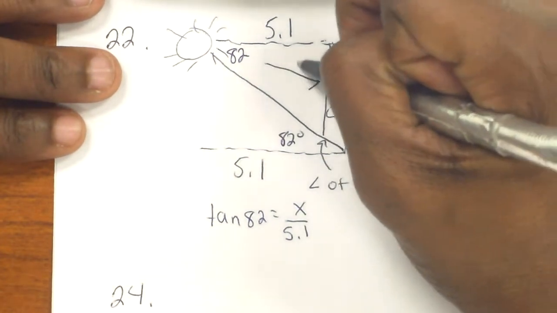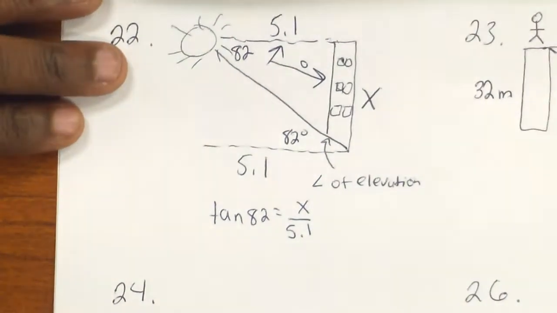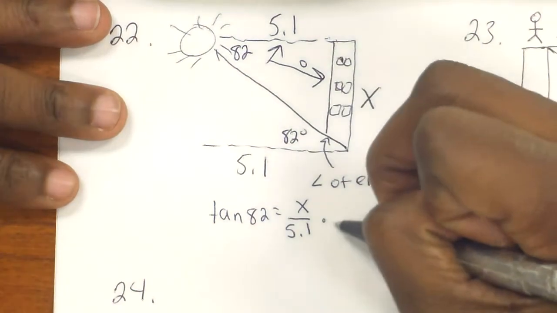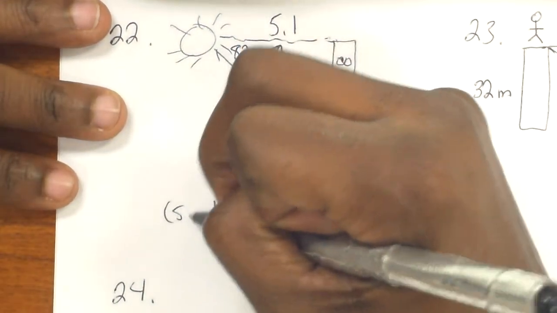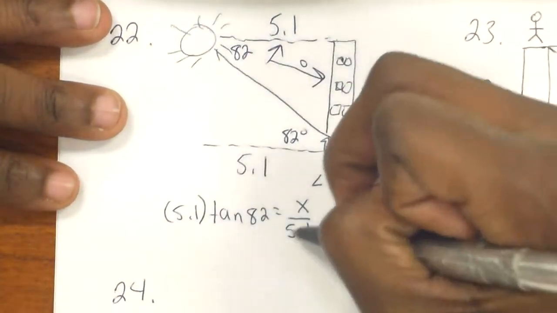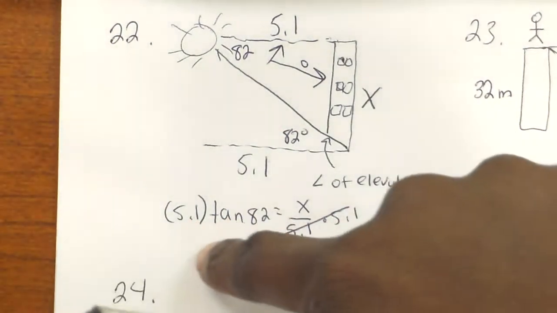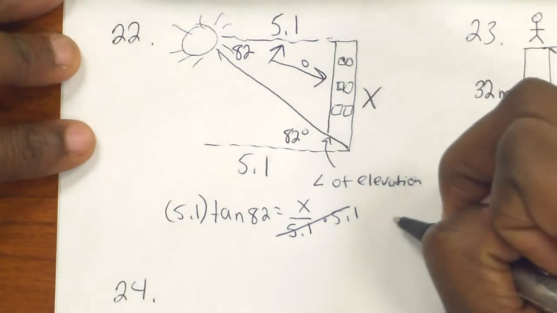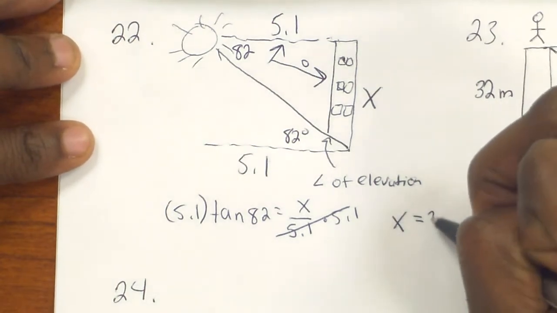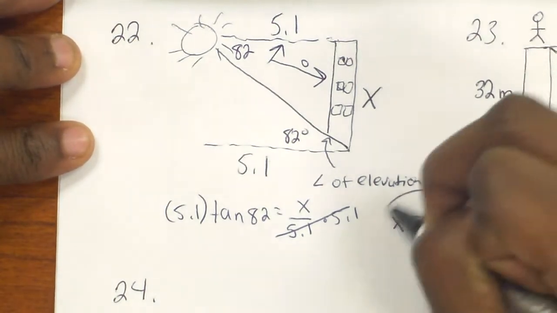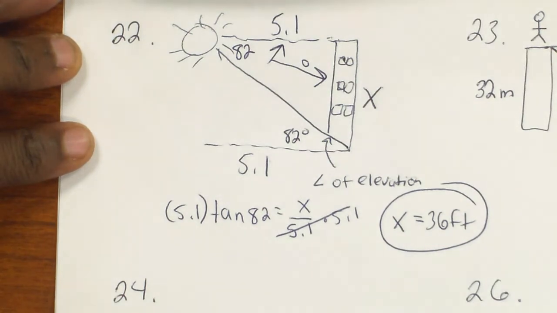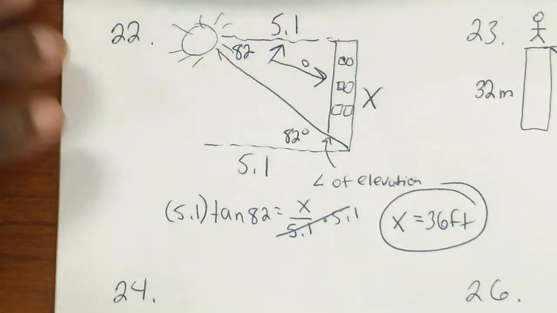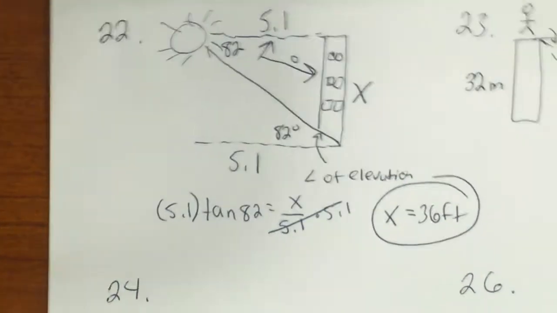So that's my opposite, that's the adjacent. And so we multiply both sides by the denominator. That cancels, and so I put 5.1 times tan 82 degrees in the calculator, and on number 22, this is going to equal a 36-foot monument. Got it?